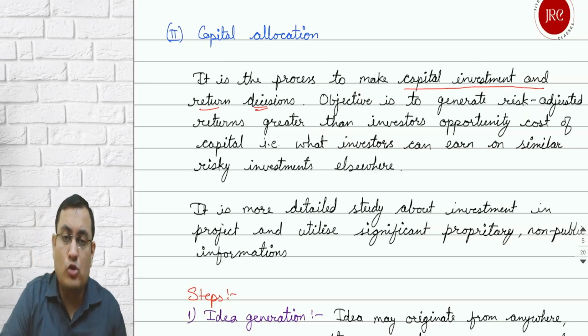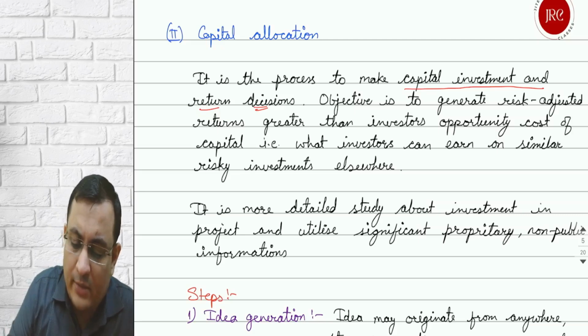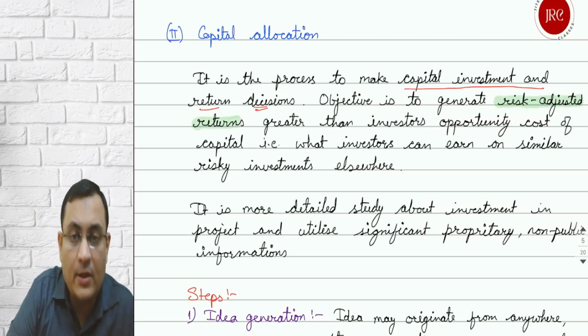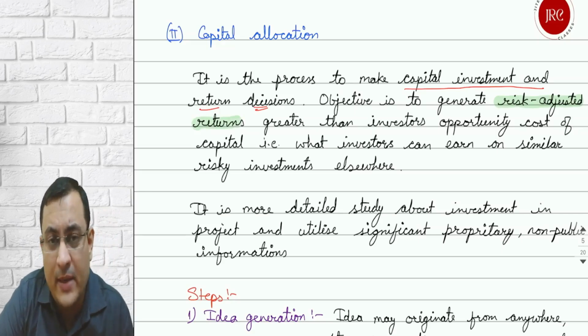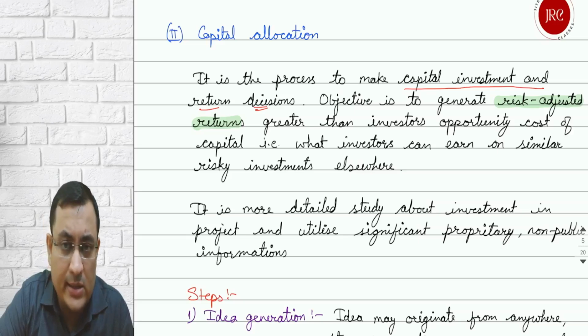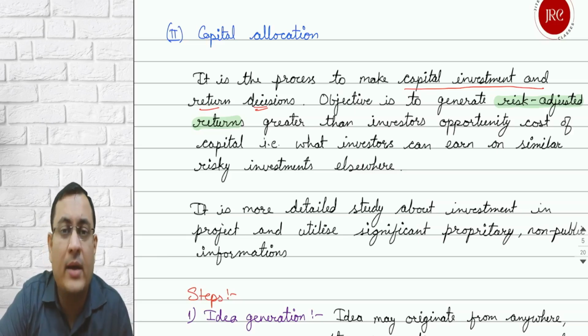So the objective is to generate risk adjusted returns. Now it's not only maximizing return, it is risk adjusted return. It means while taking these decisions, we should give adequate importance to risk factors also.